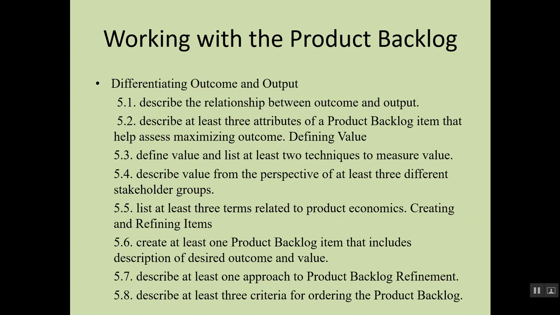Then what are some terms related to product economics, like creating and refining items. Then some product backlog items that include a description of desired outcomes and value. Then how the product owner can approach the product backlog refinement process that happens in Scrum, and what are the different criteria for ordering the product backlog.